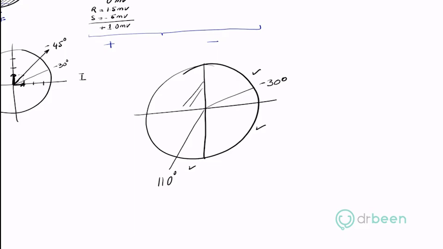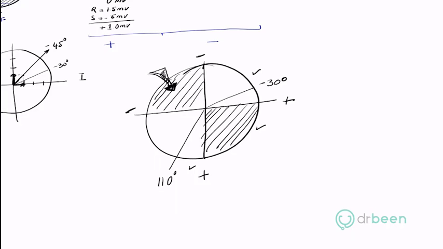This quadrant here will not. If you see that the AVF is negative and lead 1 is negative, and the axis is falling in this quadrant, then you do not need to do further analysis because this is already not ambiguous. Similarly, if lead 1 is positive and lead AVF is positive, then the axis falls in this quadrant, which is definitely normal, so you do not need to do anything.